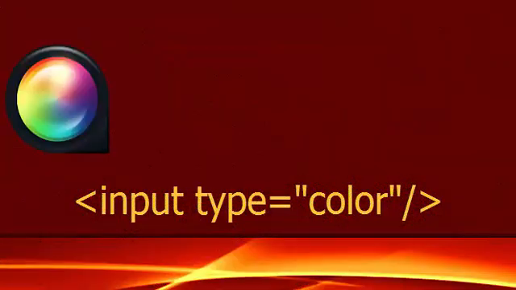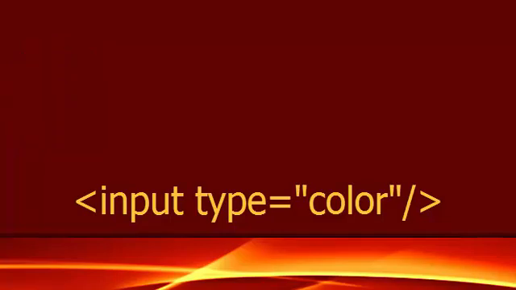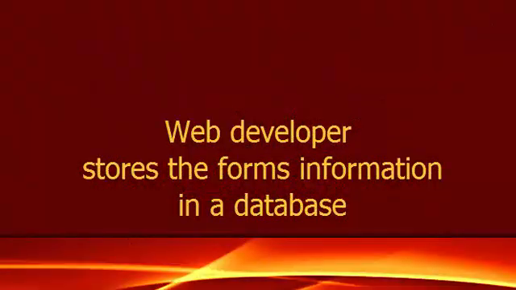Almost all the common points we have covered, but along with this another input type, the color input type, is also important to choose a color from the color box. Now as I have told you, the form's records get submitted into a database, and creating a database is the work of the web developer, but providing the link is the work of the web designer.